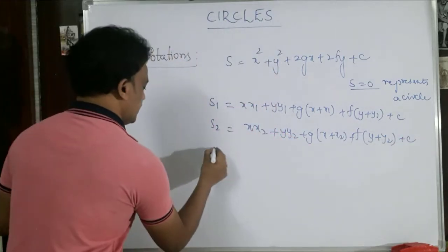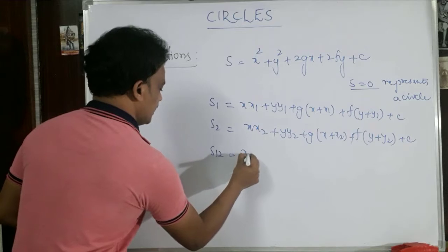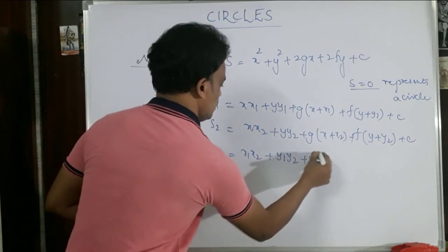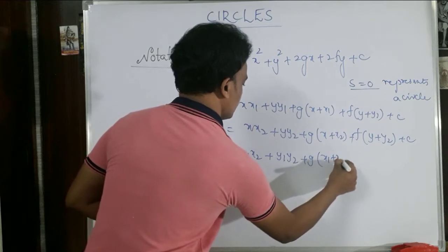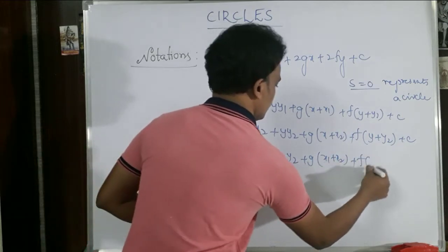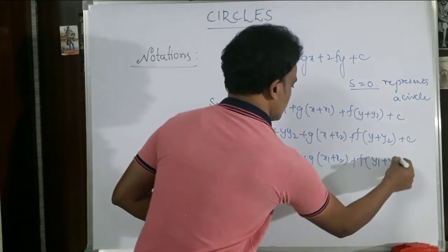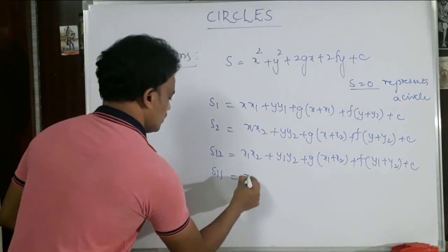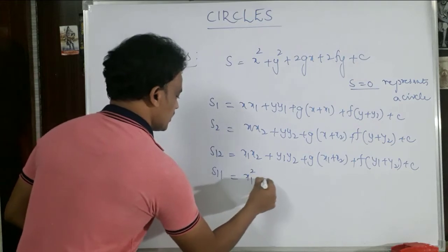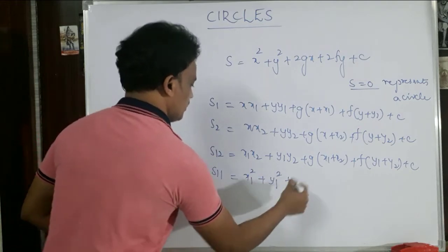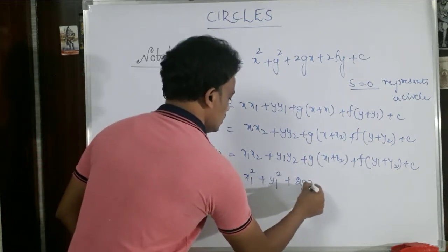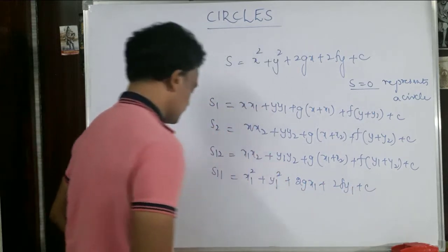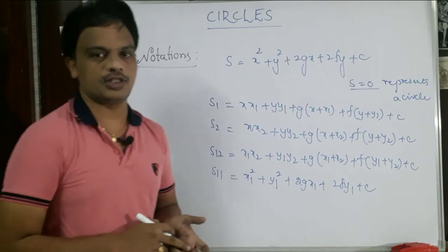S12 is x1 x2 plus y1 y2 plus g of (x1 plus x2) plus f of (y1 plus y2) plus c, and S11 is x1 square plus y1 square plus 2g x1 plus 2f y1 plus c. So, this is about the notations.